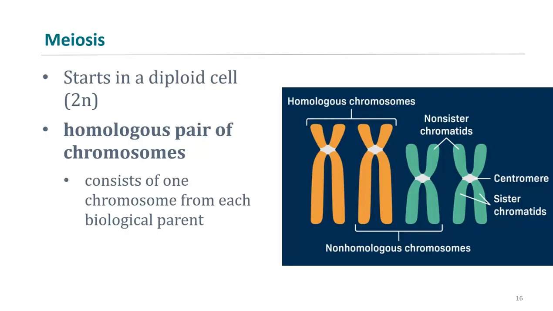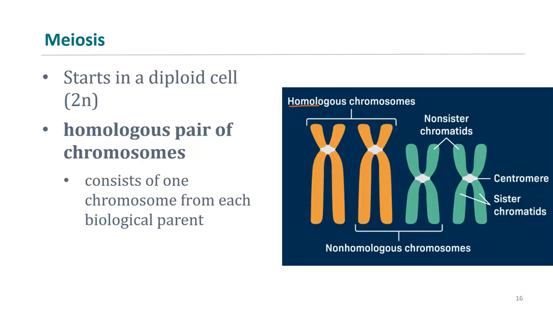So these are what we consider to be homologous because they're the same type of chromosome, as we mentioned. The position of the centromere is the same, and we should find genes along the length of it that are exactly the same along the length of the chromosome.